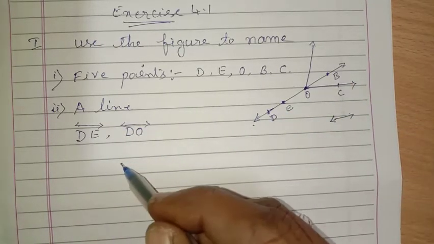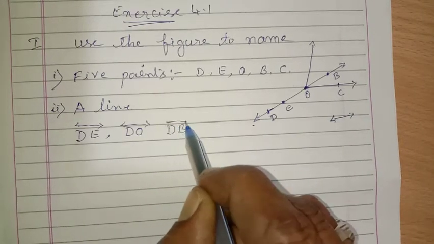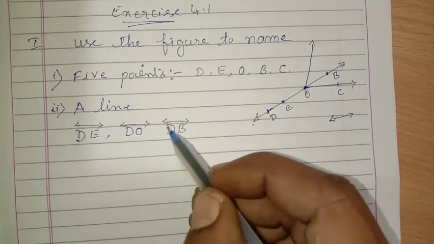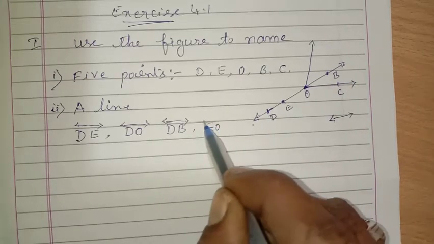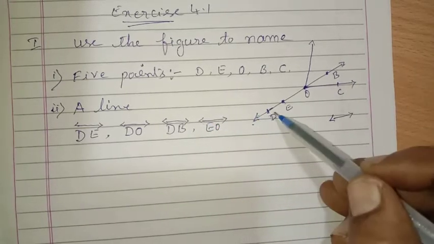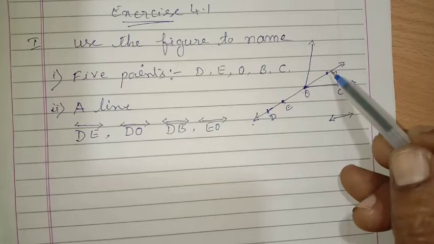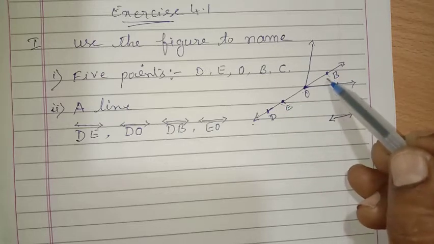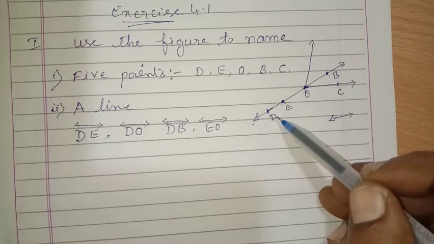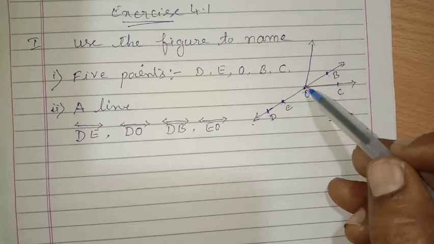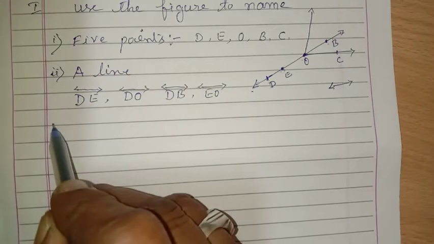Then line DB, line EO, line EB, line OB, and line OC. So many lines are possible, and some of them are right in the figure. Do you understand?